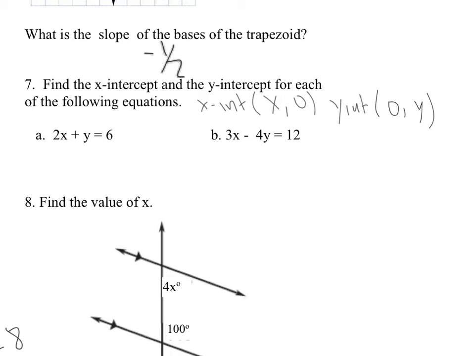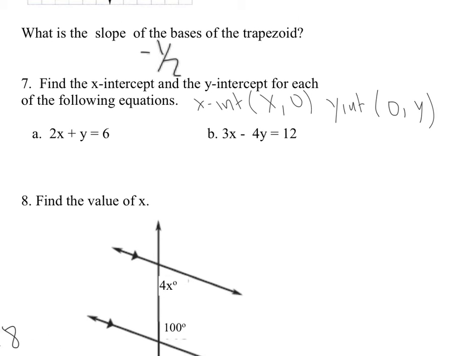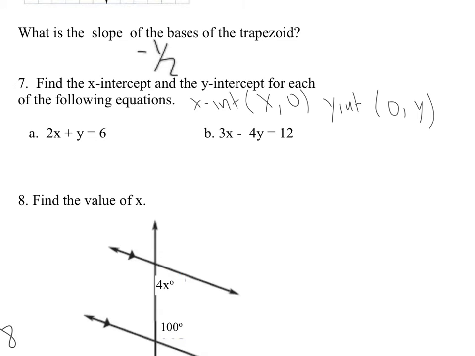So what that means here, and the way these are set up, is you can plug zeros into each one individually and get the x and y coordinate, basically. So what I mean is this.